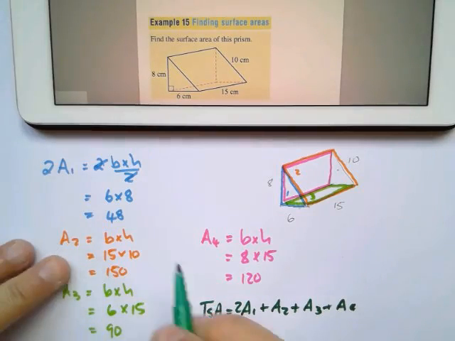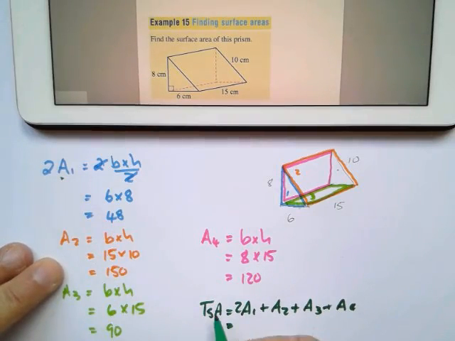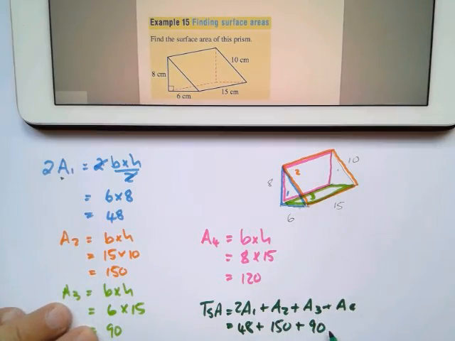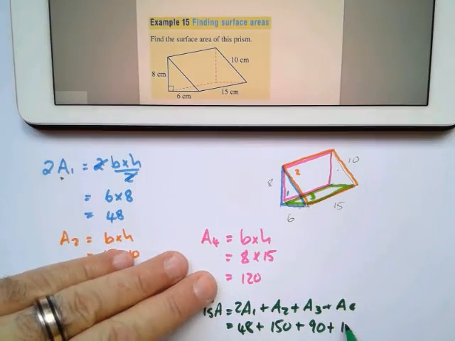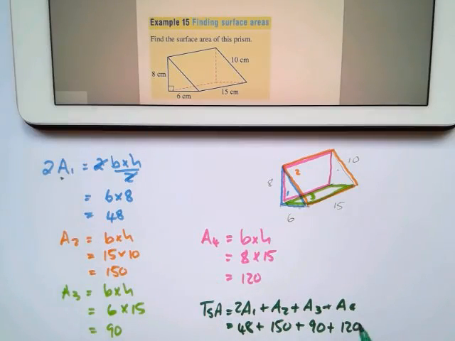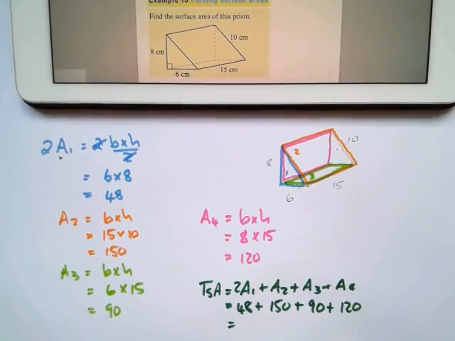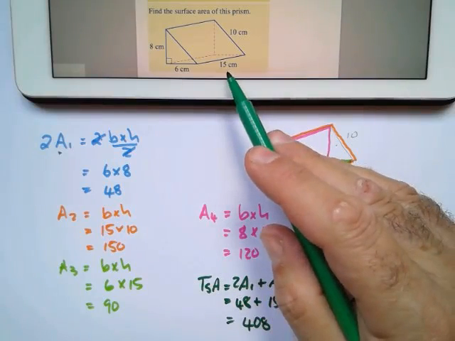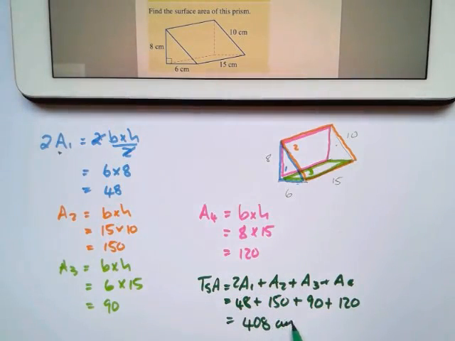That will give us, already multiplied twice, 48, plus area 2, which is 150, plus area 3, which is 90, plus area 4, which is 120, and that will give us a total surface area of 408, and because it's area, it will be in centimeters squared.